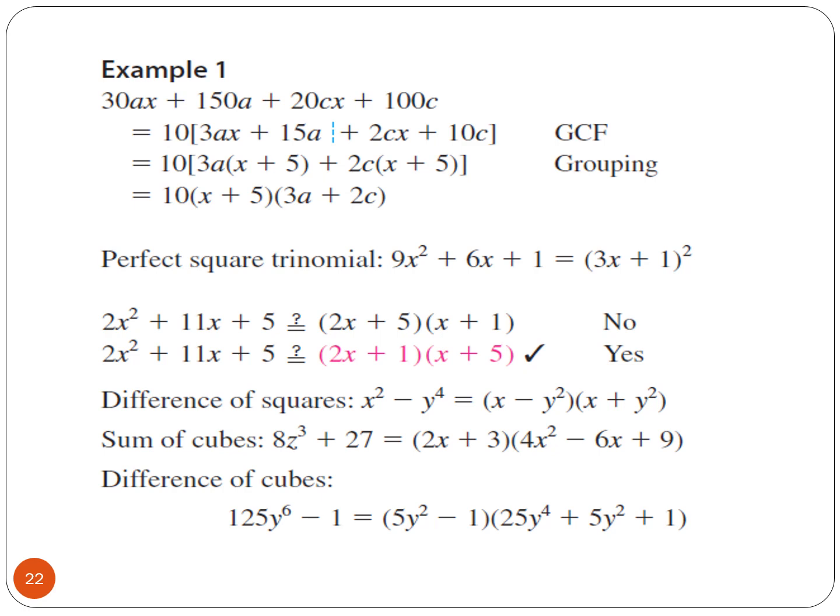Here are more examples of using the formulas. If you have x squared minus y to the 4, the idea is to try to write it as the difference of two squares. You can think of y to the 4 as y squared, everything squared. So that is the difference of two squares.